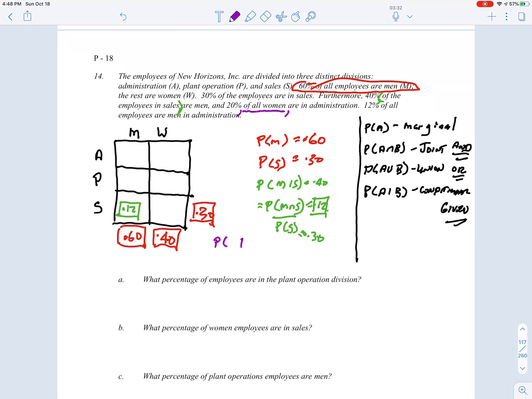So given that a person is a woman, there's a 20% chance that she's in administration. That's going to be the probability of A and W over the probability of W. Probability of W is 40%. So it's going to be 20% times 40%.